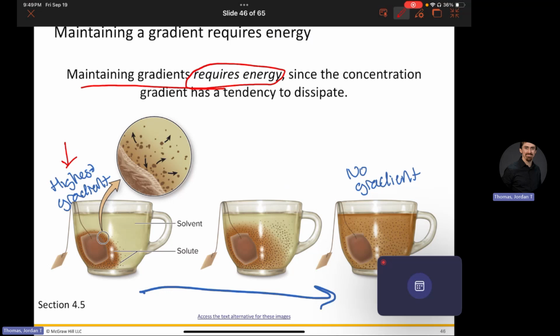If you go from a high concentration to low concentration, you don't need energy. That's a natural thing to happen. If you want to keep a high concentration gradient or build a high concentration gradient, you need energy. Since molecules tend to want to diffuse, tend to want to spread out, in order to prevent them from spreading out, you need energy to stop it.